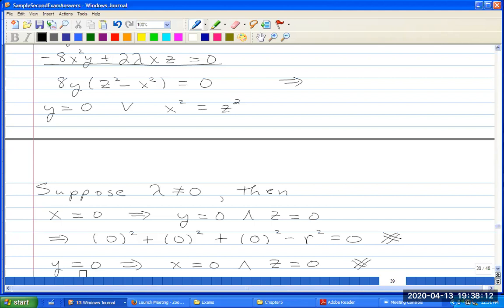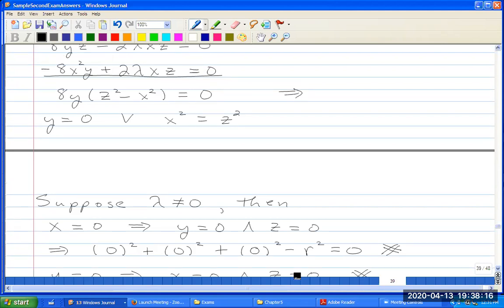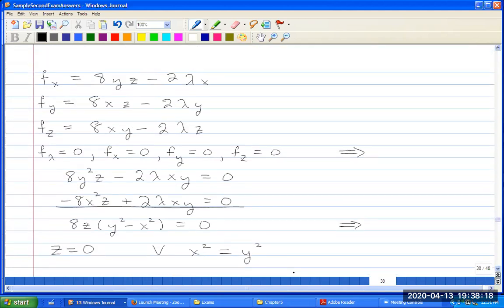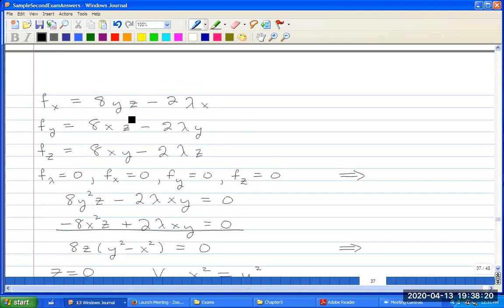Similarly, if y is 0, then this says that x is 0. So let's say x is 0 and lambda is not 0, then that says that y must be 0. And then this being 0 says that if lambda is not 0, z is 0.